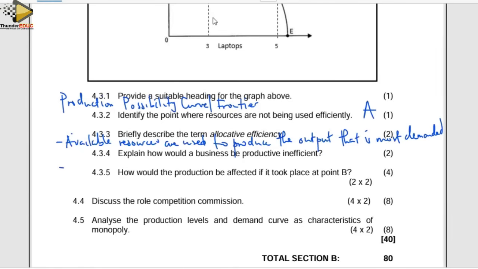Inefficiency in terms of productivity, we are saying a business is failing to produce maximum output at the lowest possible cost.